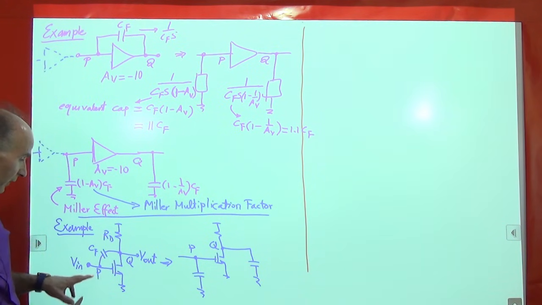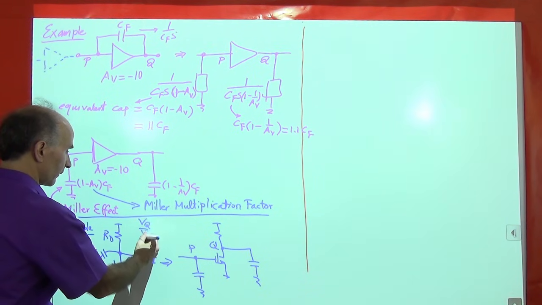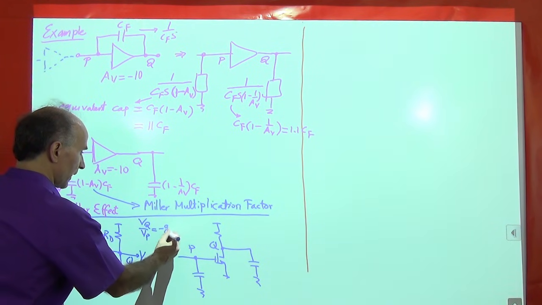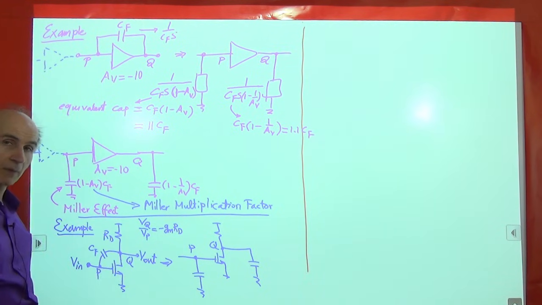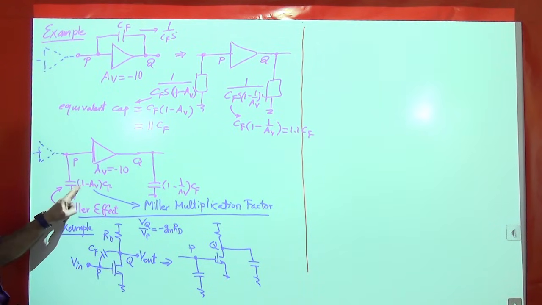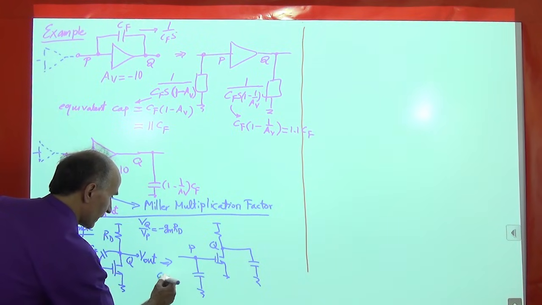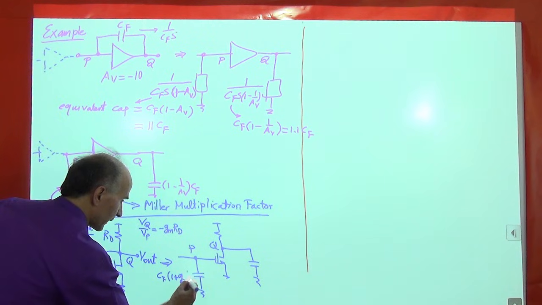How much is the voltage gain from P to Q? Well, we know VQ over VP equals minus GMRD. That's the voltage gain of a common source stage. So this capacitor will be Miller multiplied, so it has to multiply by 1 minus AV. So this capacitor at the input is now given by CF times 1 plus GMRD.